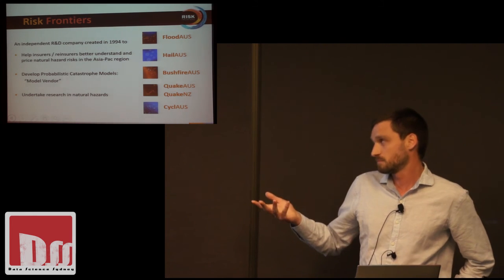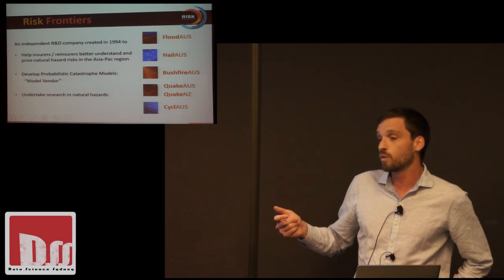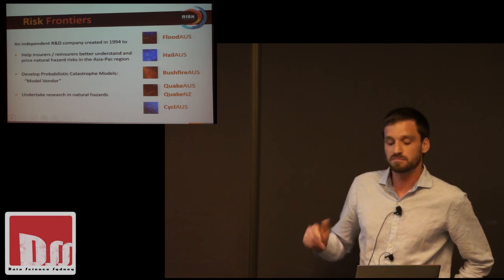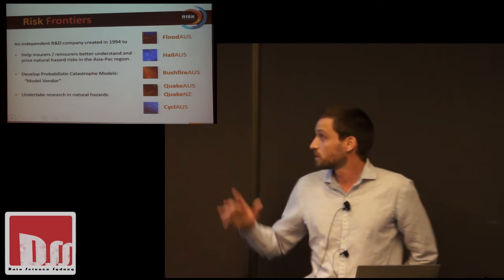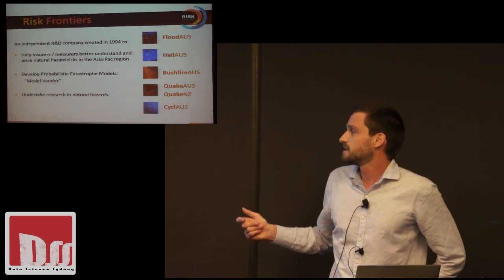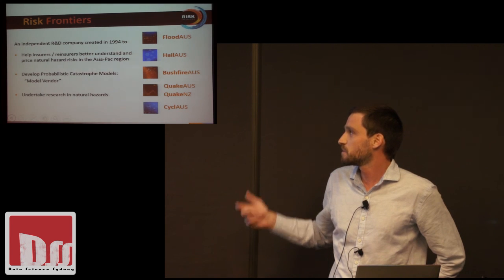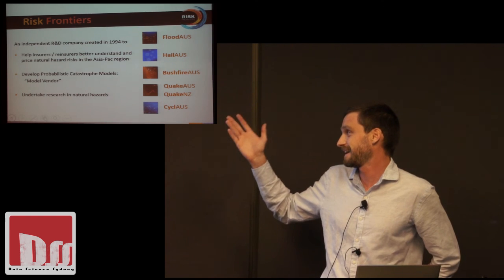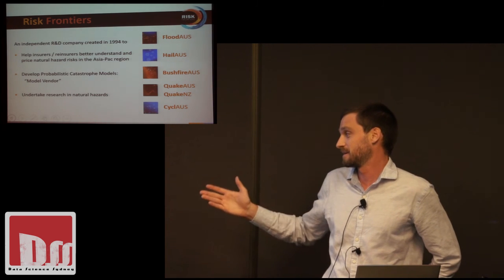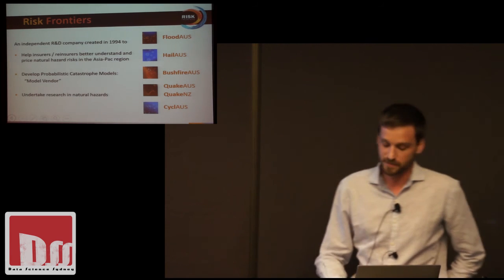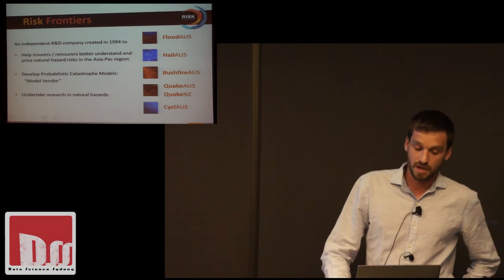We're a pretty small one, but we're the leaders on this side of the world, and we're slowly trying to expand, building models for Asia. On the right here is the suite of models we offer. We're not very creative with the names, but it's easy to get what they are. We study the risk of flood, hail, bushfire and cyclone in Australia, and earthquakes in both New Zealand and Australia. So this is our offering.